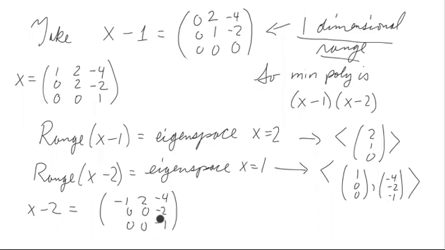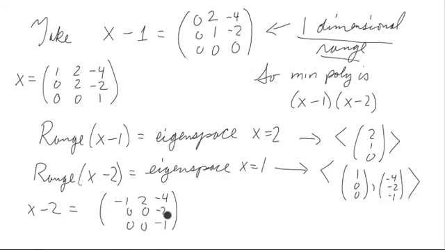Notice it's pretty clear to see what a basis is for the columns. Now, if it's not clear to see what the basis of the columns is, you can always resort to putting it in reduced row echelon form, then looking at pivots and going back and seeing what works. That's always an option, but sometimes it goes pretty fast just looking at it. So here, notice that you have 1, 0, 0 and -4, -2, -1. That is a basis for the range of x minus 2.